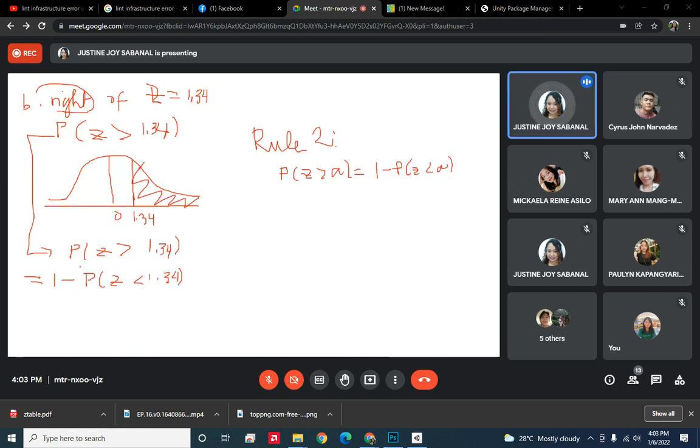So we have 0.9099. So 1 minus 0.9099. Evaluate natin yon. Kunin natin ang difference ng 1 at saka 0.9099. So, ang atin pong probability ay equivalent lang sa 0.0901. Ito na po ang sagot.